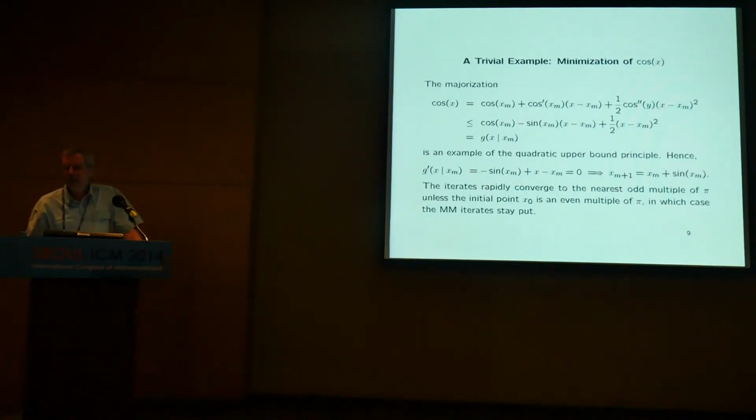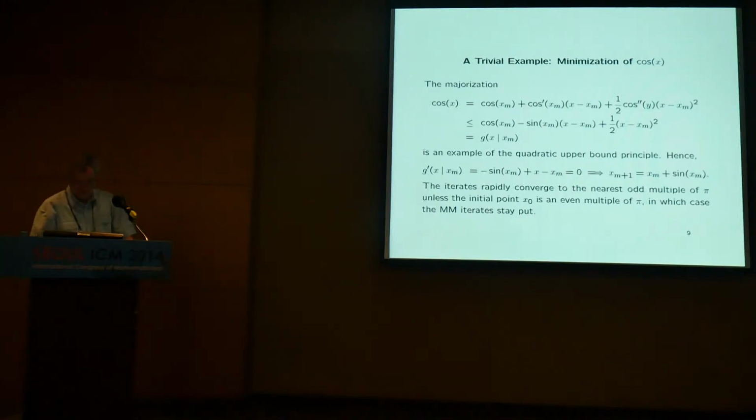Okay, now this was an interesting trivial example because it illustrated a point that I wasn't aware of, and that is, in some cases, you actually get quadratic convergence for these algorithms. By and large, you only get linear convergence, and in some cases, you only get sublinear convergence.